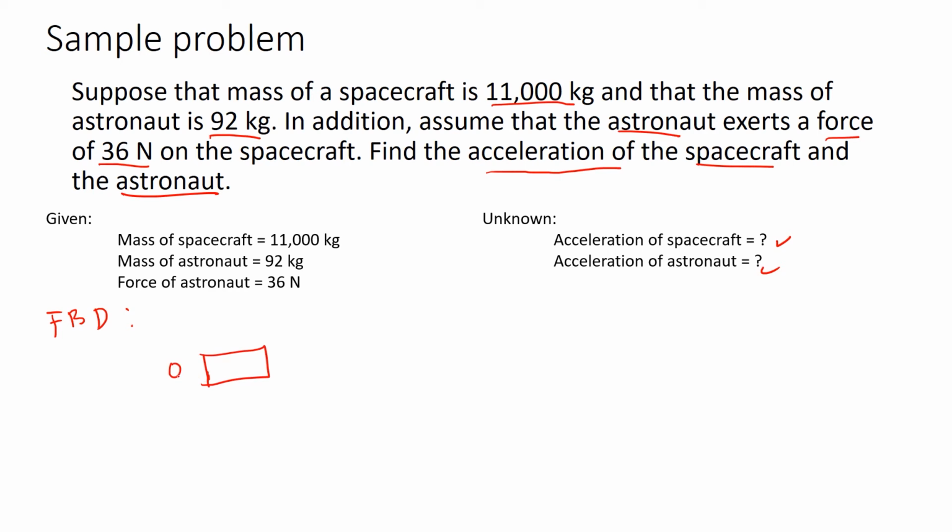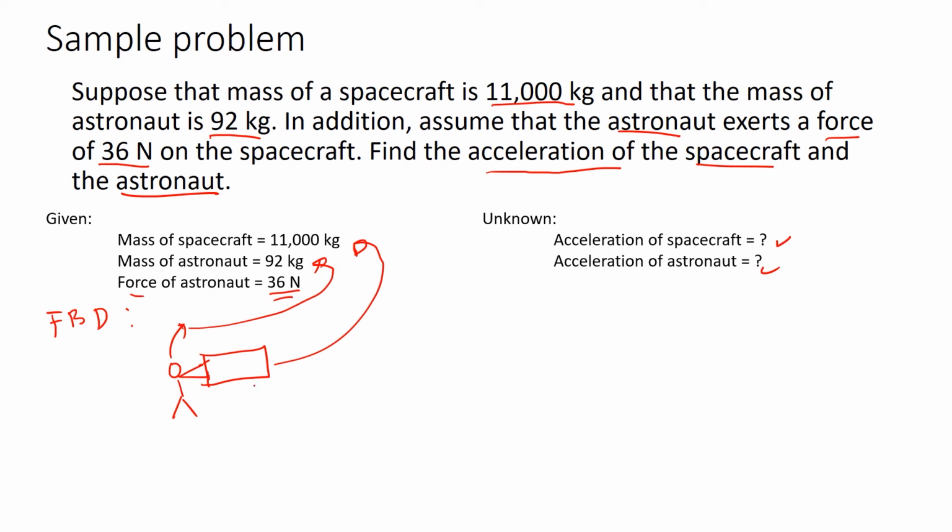The astronaut has a mass equivalent to 92 kilograms, and the spacecraft has a mass of 11,000 kilograms. And the astronaut exerts a force, that means the astronaut pushes the spacecraft with a force of 36 newtons.